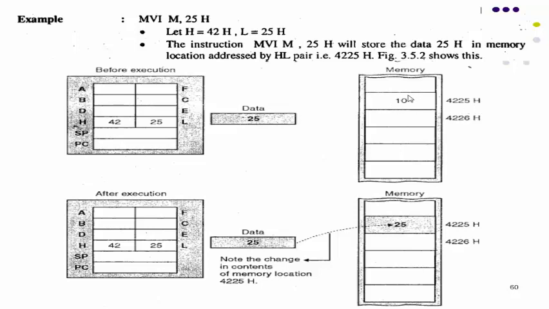The previous location contained 10hex, which gets overwritten with the new data 25hex. So note the change in the contents of memory location address 4225hex. In this way, the 8-bit immediate data 25hex gets copied in the memory pointed by HL or pointed by memory pointer M, that is the location 4225hex.